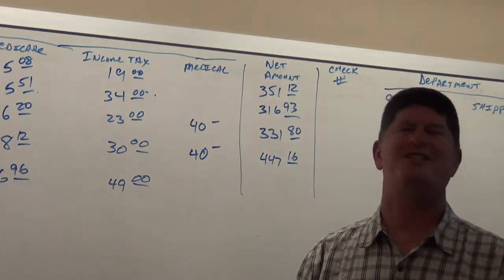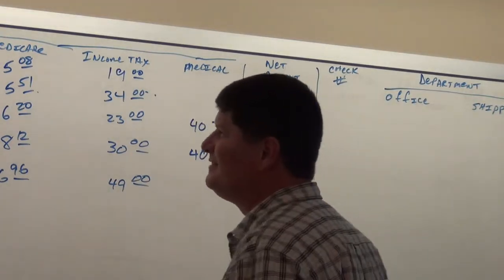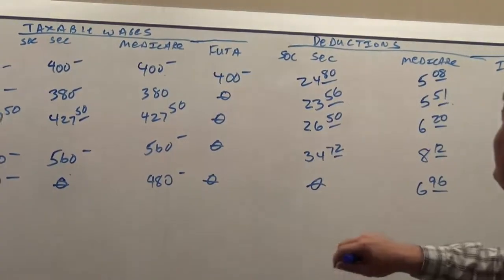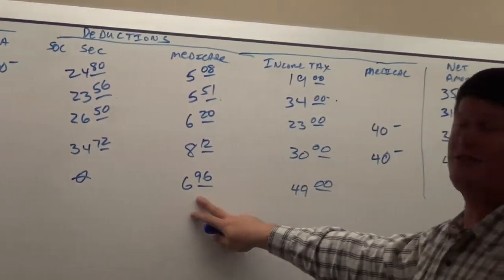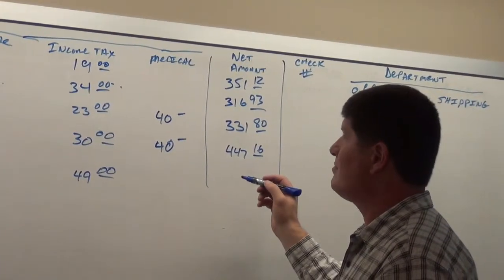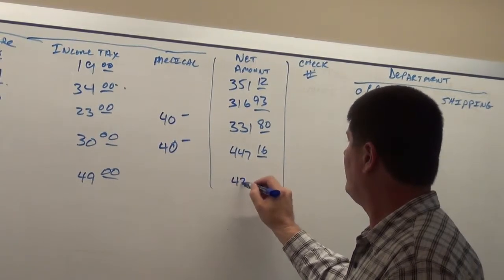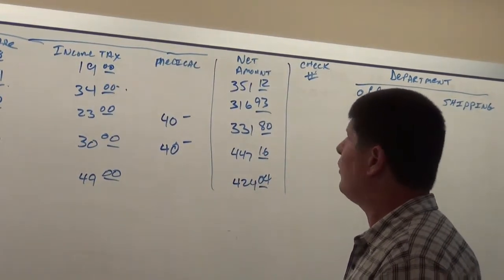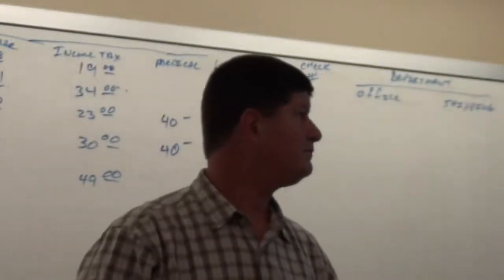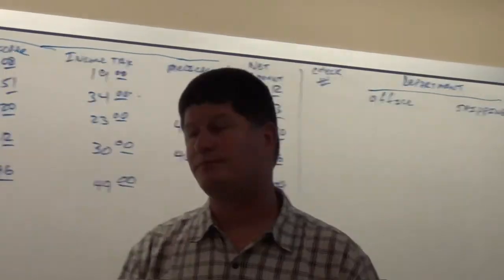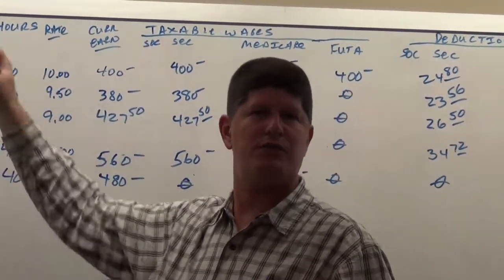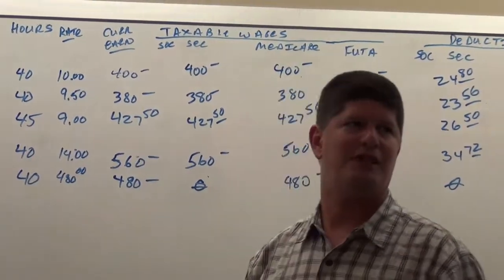Let's double check the last one. 480 minus 0 minus 6.96 minus 49 gives us what? I got 424.04. Yeah, that's what I got. Probably because I changed the earnings so the Social Security could vary. That's why it's different.